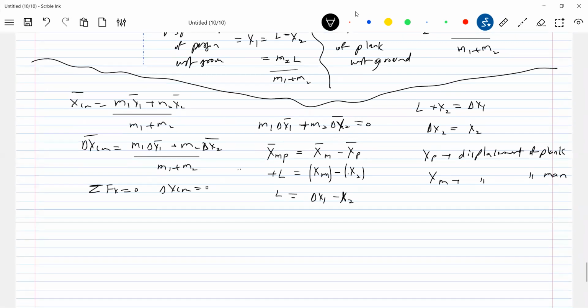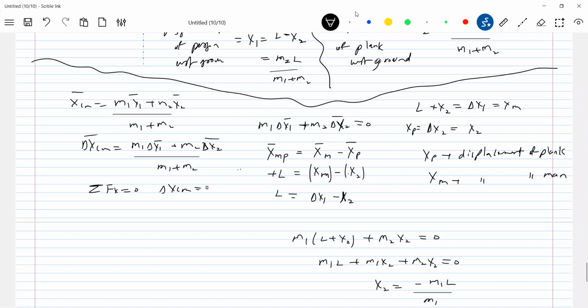All these are with respect to ground. Now let's use this formula. M1, what is delta x1? You can write it, L plus x2. Displacement of plank, we don't know that one. So here it is like this. Look at the symbols. So they should be x2 equals 0. So therefore, m1L plus m1x2 plus m2x2 equals 0. So what is x2 equal to?